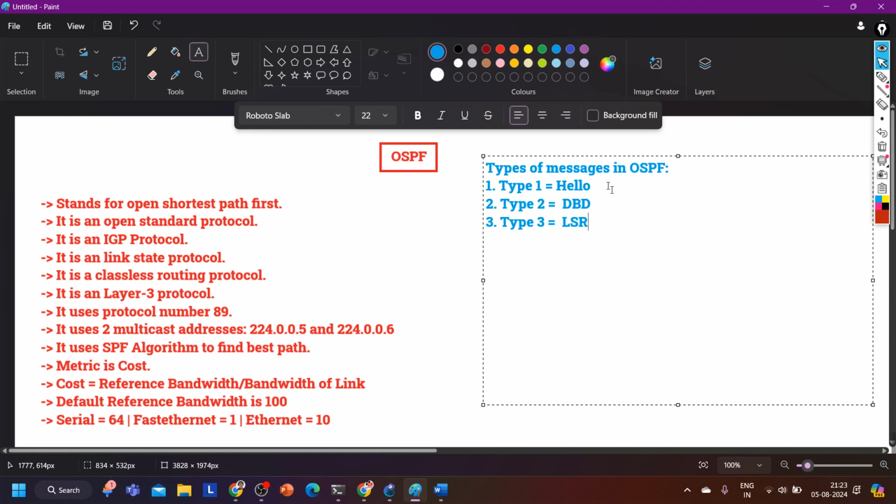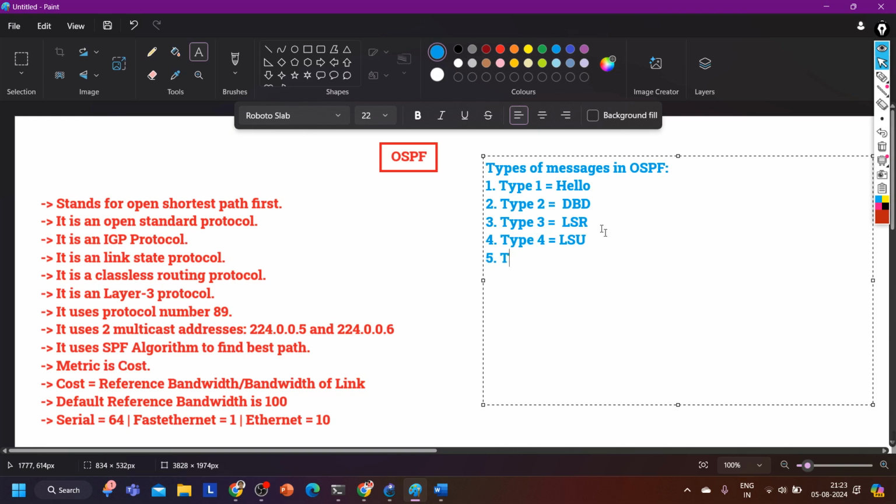Third, type 3 message is LSR, link state request. Don't worry, we are going to learn the use of all these messages like EIGRP. In EIGRP you know the use of each message. In the same way here you need to learn the use of hello message, DBD message, LSR message. Then type 4 message is LSU message, link state update message.